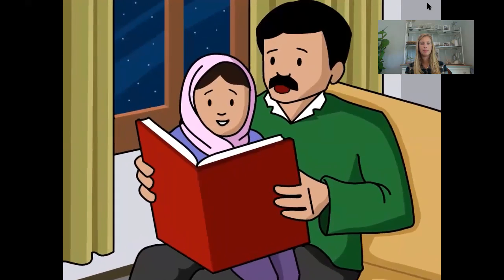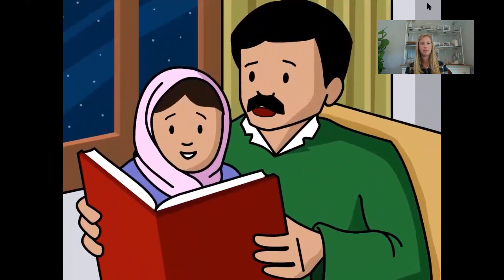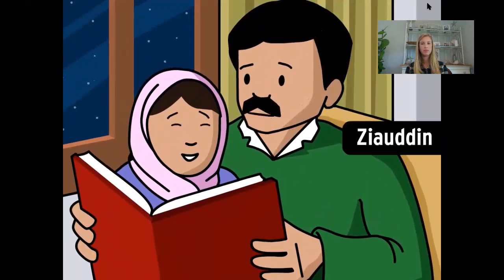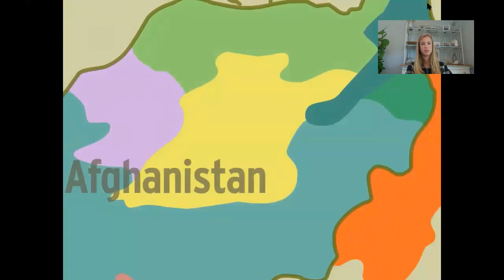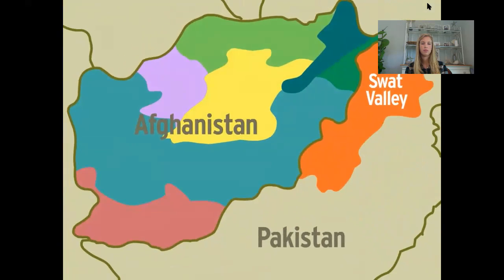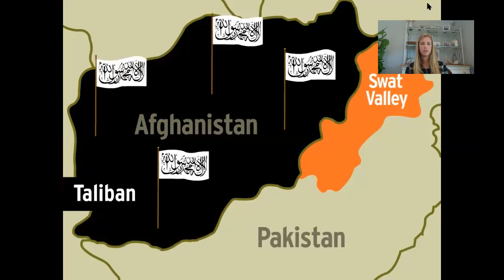From an early age, Malala shared her father's love of learning. The two often stayed up late discussing books and politics. Ziauddin operated schools across Pakistan's Swat Valley. The area was plagued by unrest spilling over from Afghanistan. For decades, different factions struggled for control of Afghanistan. In the 1990s, a radical group called the Taliban seized power.